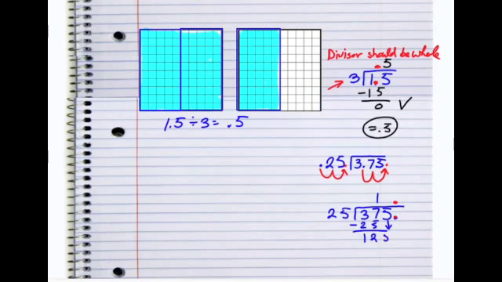Bring down my 5. 25 goes into 125 5 times. 5 times 25 is 125. Subtract. I have 0, and I'm all set. What that tells me is that 25 hundredths goes into 375 hundredths 15 times. That's my final answer.